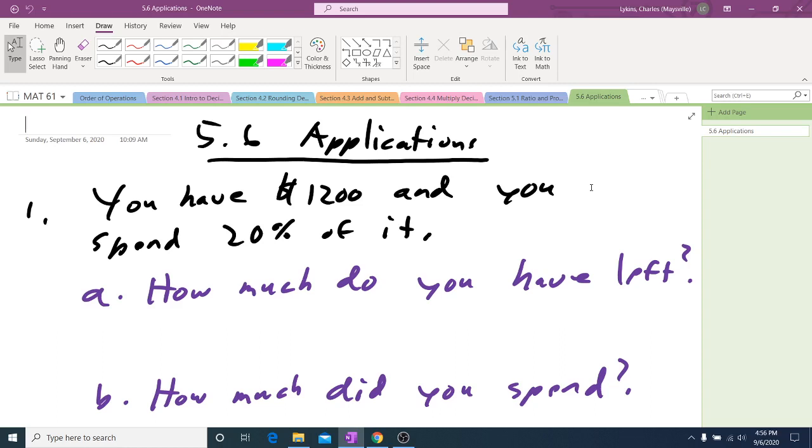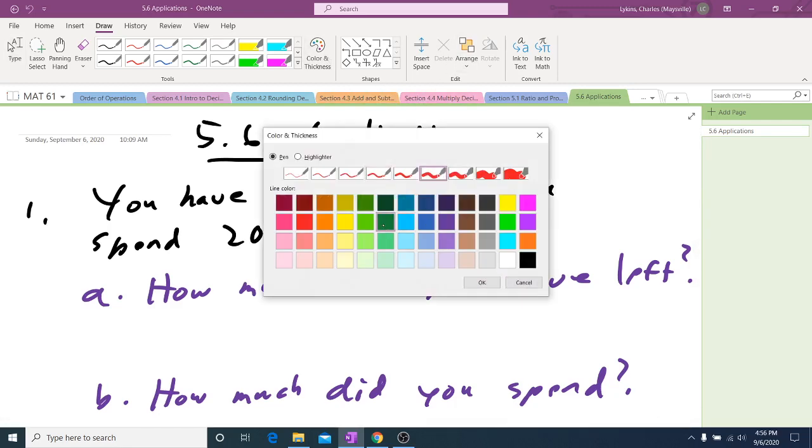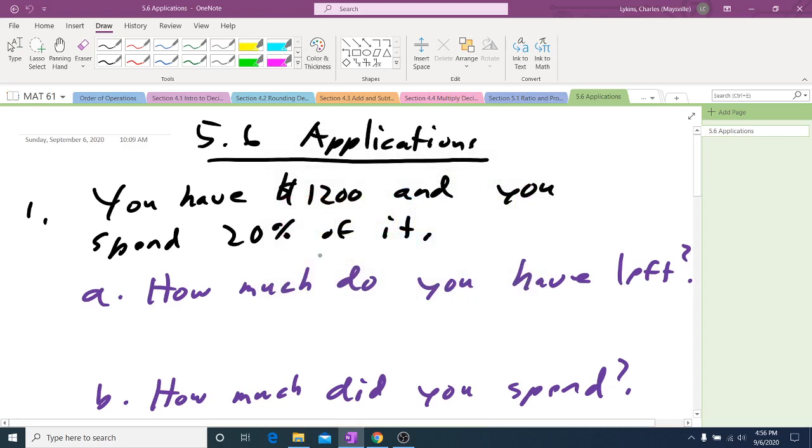So we have, it says you have $1,200 and you spend 20% of it. To ask you a two-part question: how much do you have left and how much did you spend? Well, how much you have left.